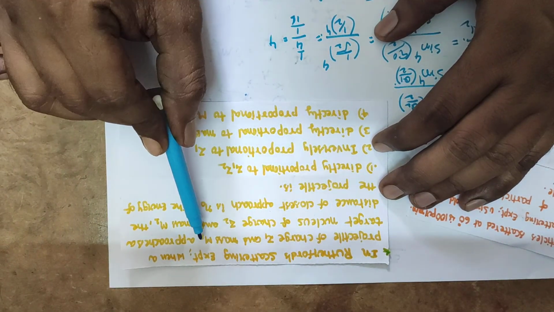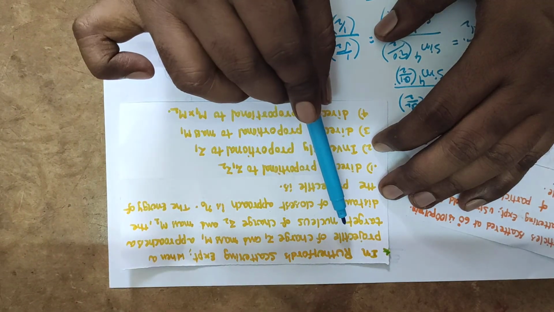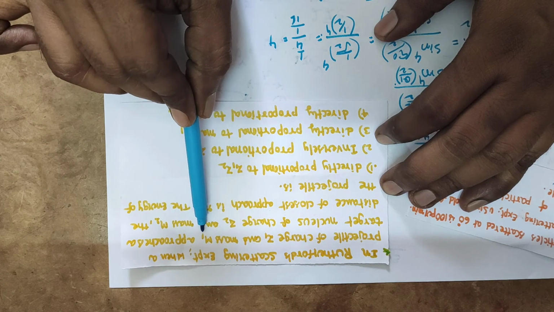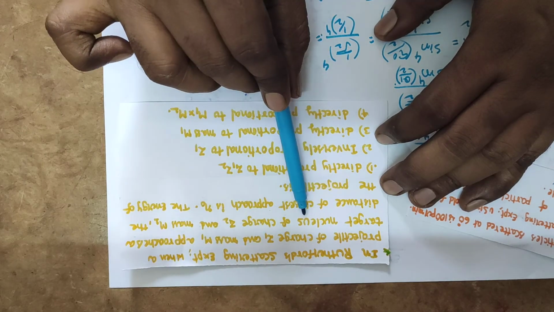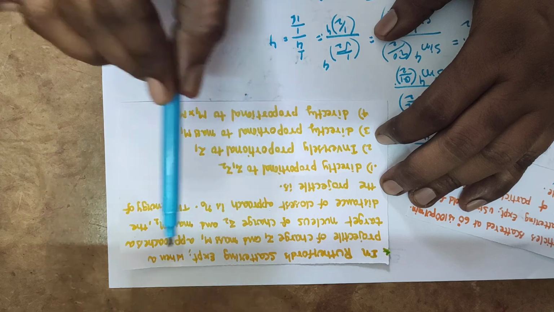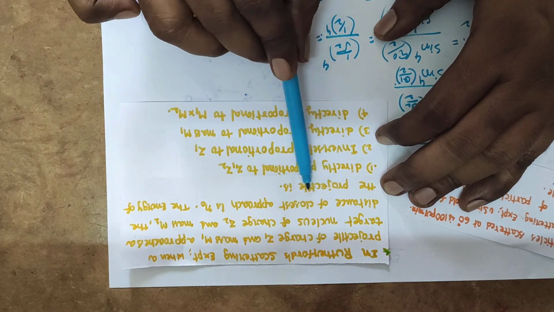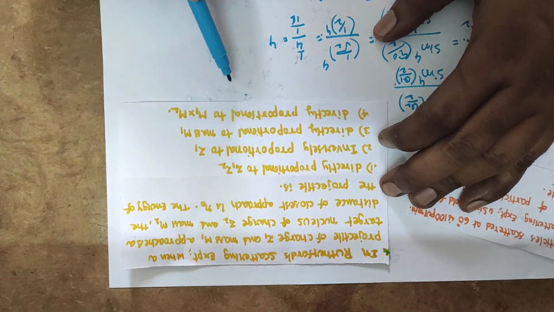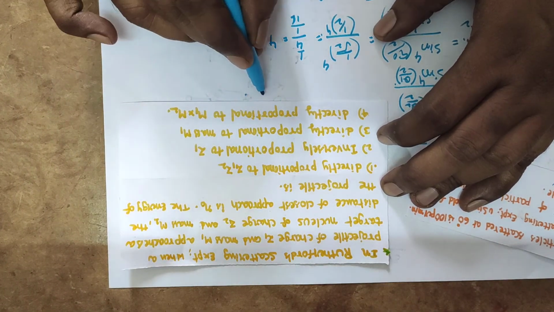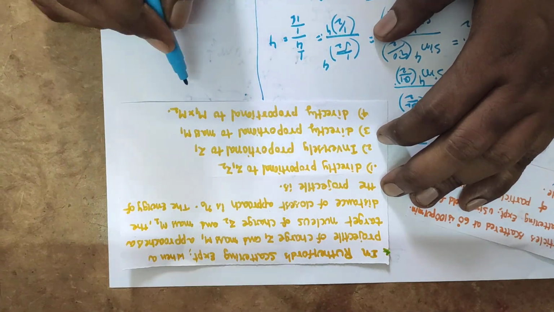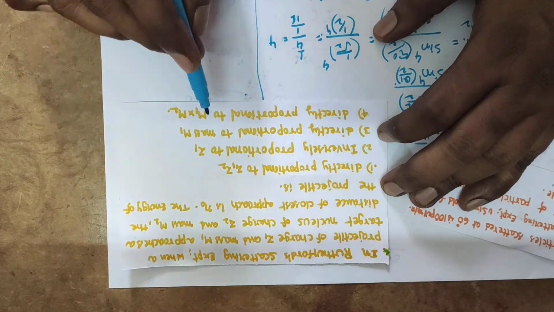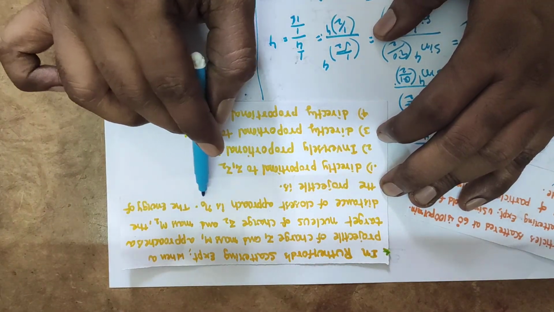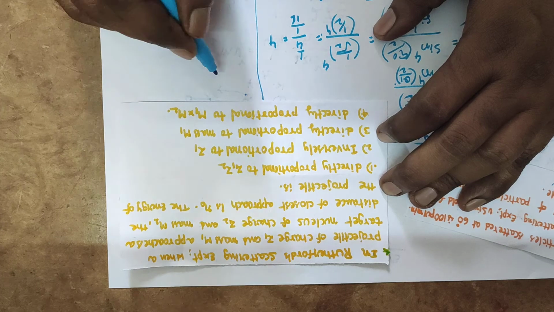In Rutherford's scattering experiment, when a projectile of charge Z1 and mass m1 approaches a target nucleus of charge Z2 and mass m2, the distance of closest approach is r0. The energy of the projectile is, see here, in this question they are asking the energy of the projectile at the closest distance of approach r0.